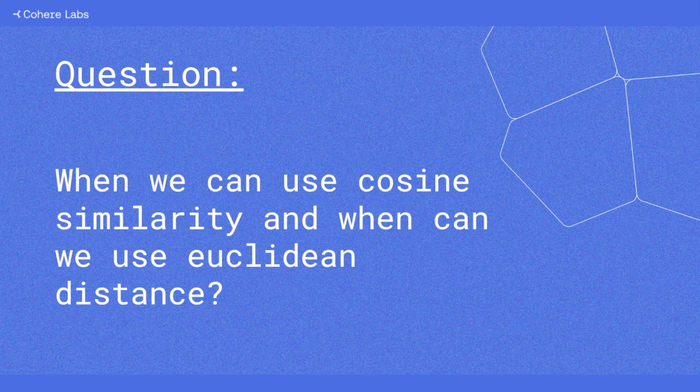So the next question asks, when can we use cosine similarity and when can we use Euclidean distance? This was on our linear algebra side of the session, where we're starting to look at these distance metrics. And just for context, we use these distance metrics to compare vectors in an embedding space, in a latent space. In language models, we encode our natural language into these embeddings, which are vectors that can be multidimensional.